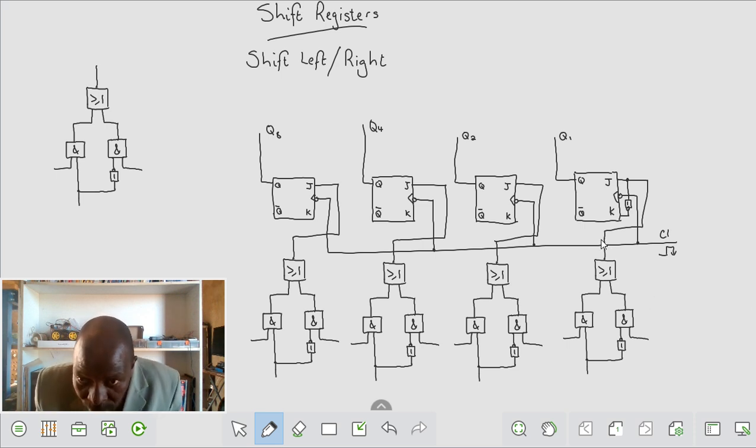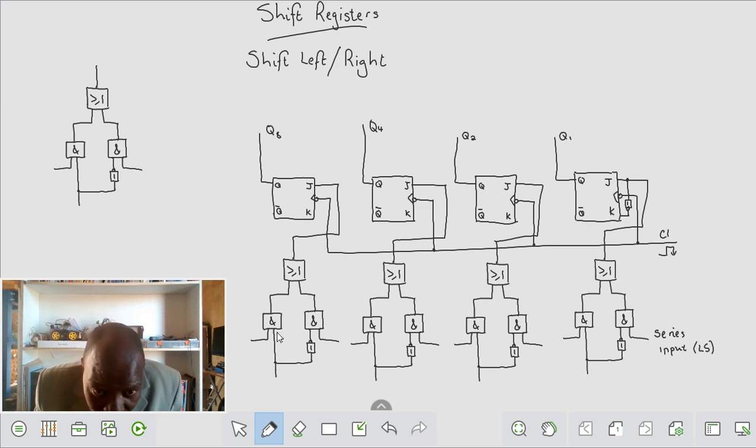Now, we forgot that we need to have a reset there. I'll have a reset. Then we know that this here is the serial input for the left shift.